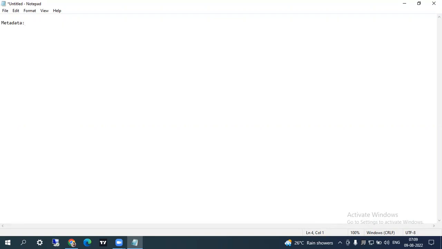Metadata. What is metadata? Metadata is nothing but data about data. Its definition is data about data. In a simple way, if you want to understand, you will have a book. The first 2 pages, what would you be having? You would be having an index.